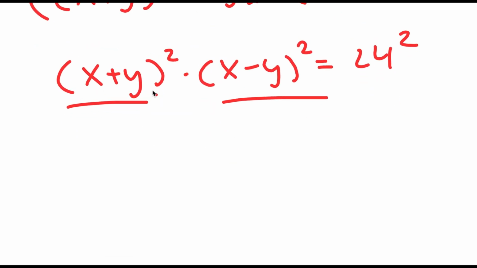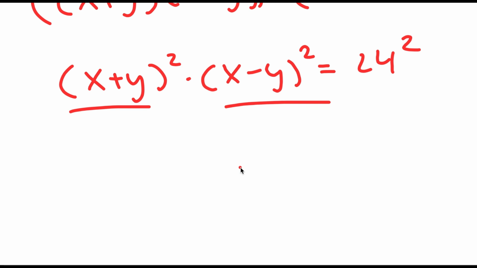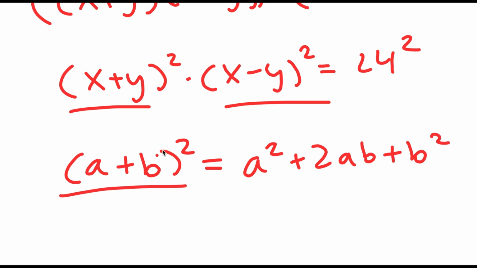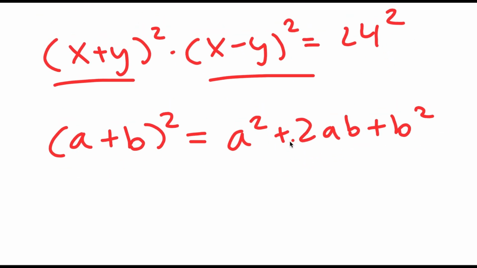For x plus y squared, I'm going to use the property a plus b squared is equal to a squared plus 2ab plus b squared. A lot of people think that a plus b squared is simply a squared plus b squared. However, this is very wrong. A lot of people forget that 2ab, and they get a lot of equations wrong because of that. So this property is very useful.